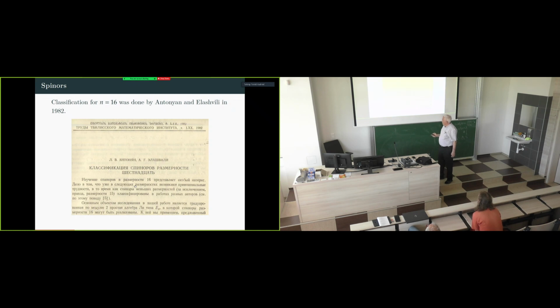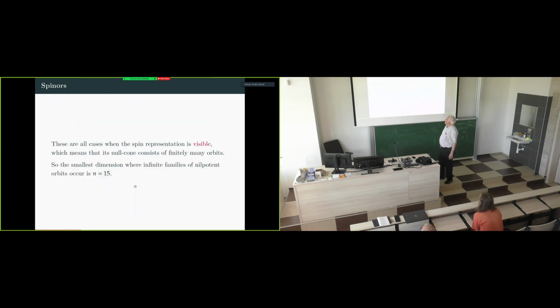But in case n equal 15, there is some gap in this classification, and we try to fill this gap. In all cases before 15 and for 16, this representation is visible.